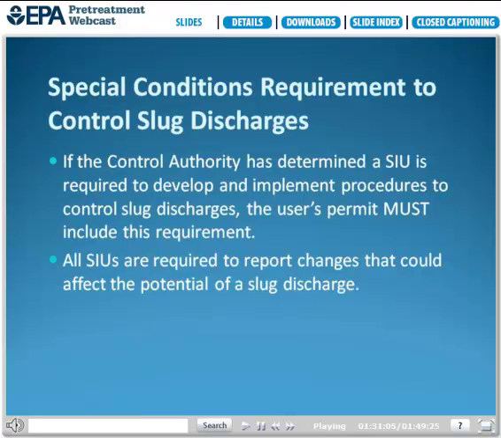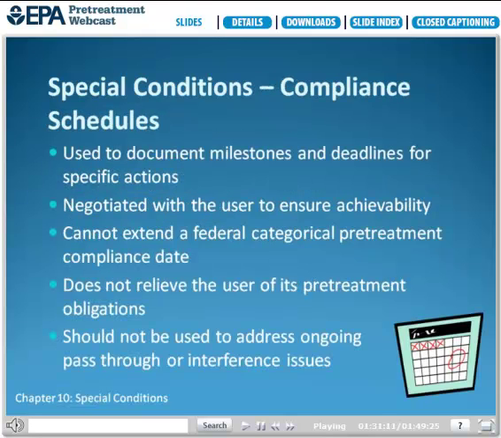Special conditions can also be included in permits as well as compliance schedules. My preference is not to include compliance schedules in permits. Usually those are much better handled in a compliance document.